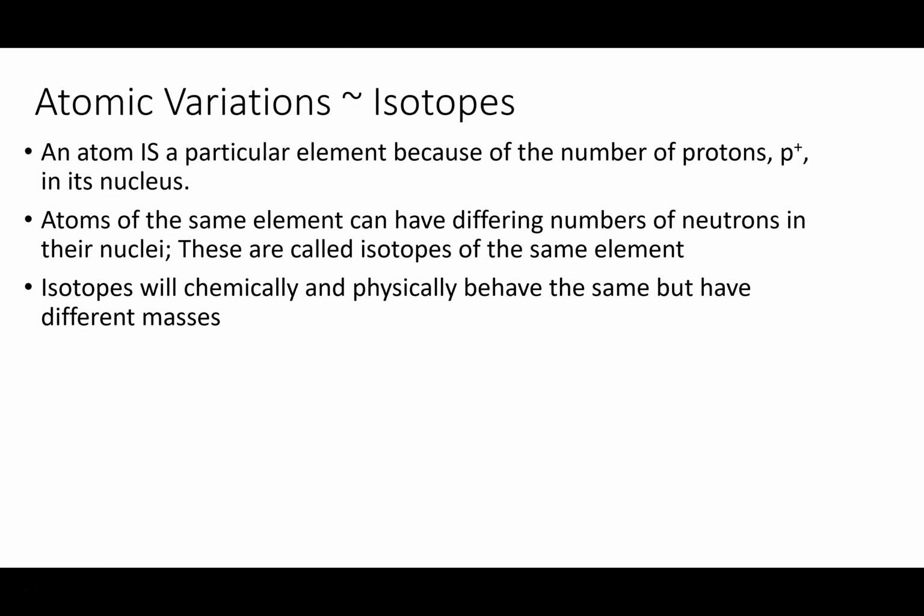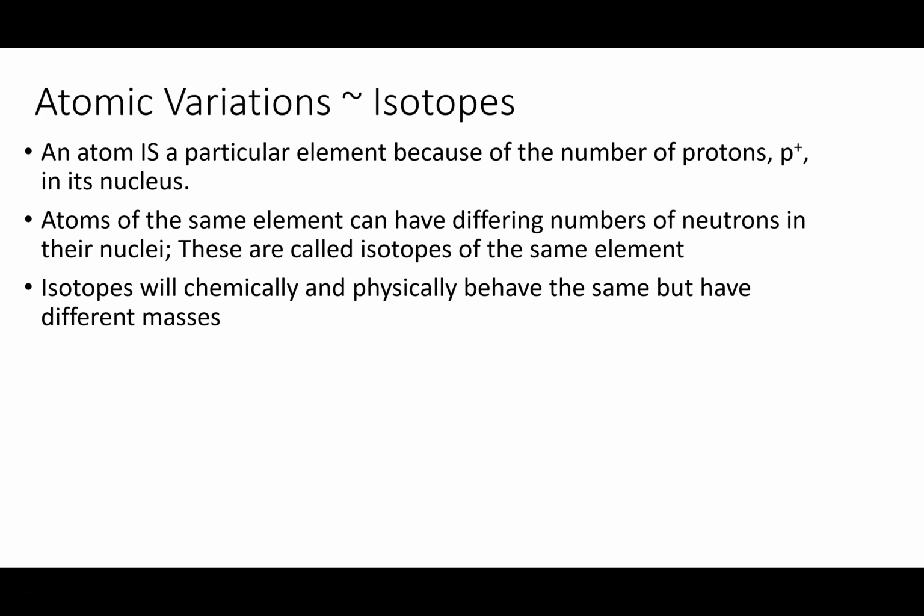So atoms of the same element have to have the same number of protons, but they can have different numbers of neutrons. Case in point, if you've heard of carbon-14 dating, carbon would be the element, and in the nucleus of that particular carbon atom, it still has to have 6 protons. 1, 2, 3, 4, 5, 6.